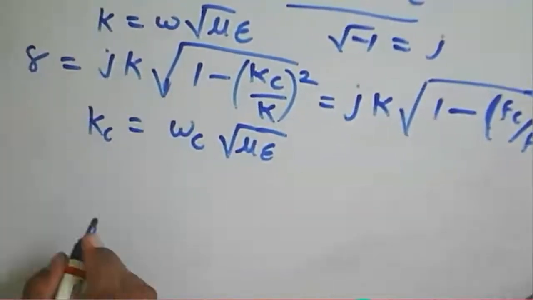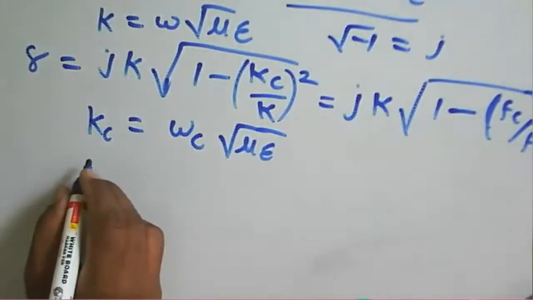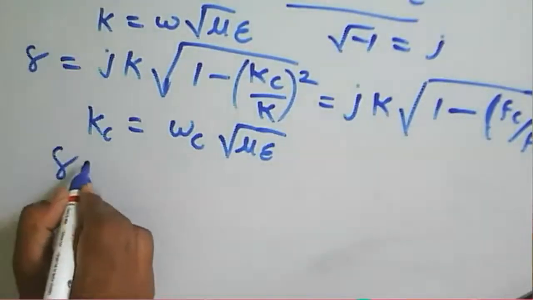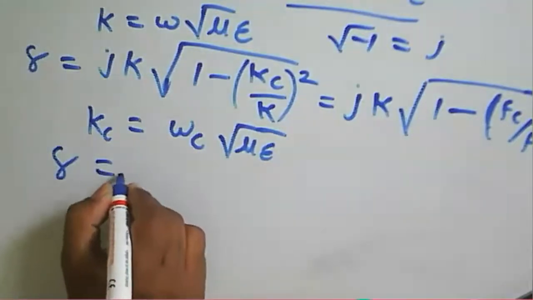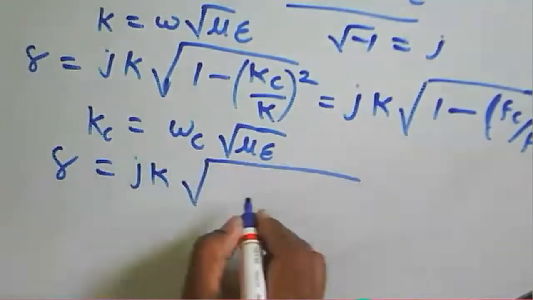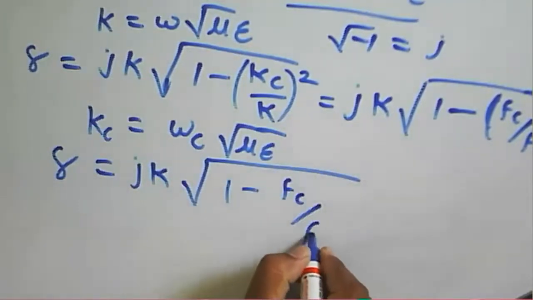So I'll rewrite the expression again: propagation constant is equal to what? jk under root of 1 minus fc by f squared.